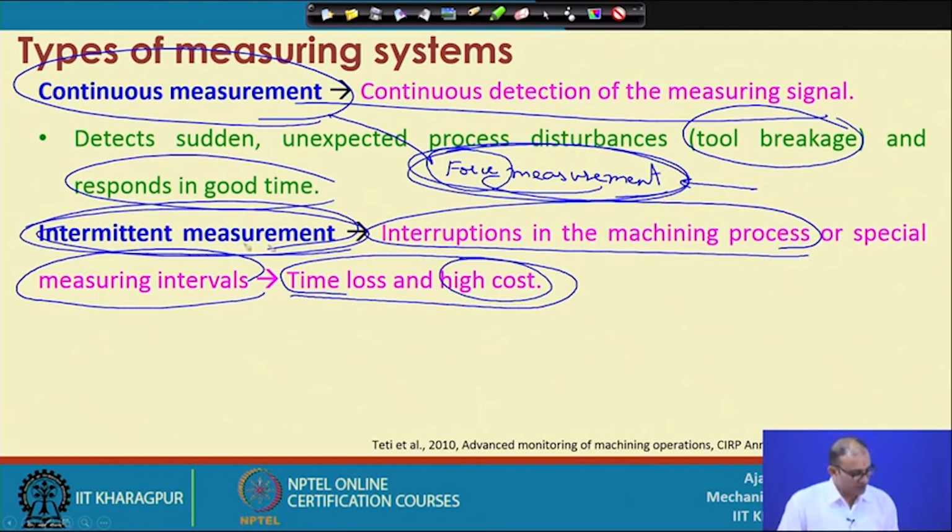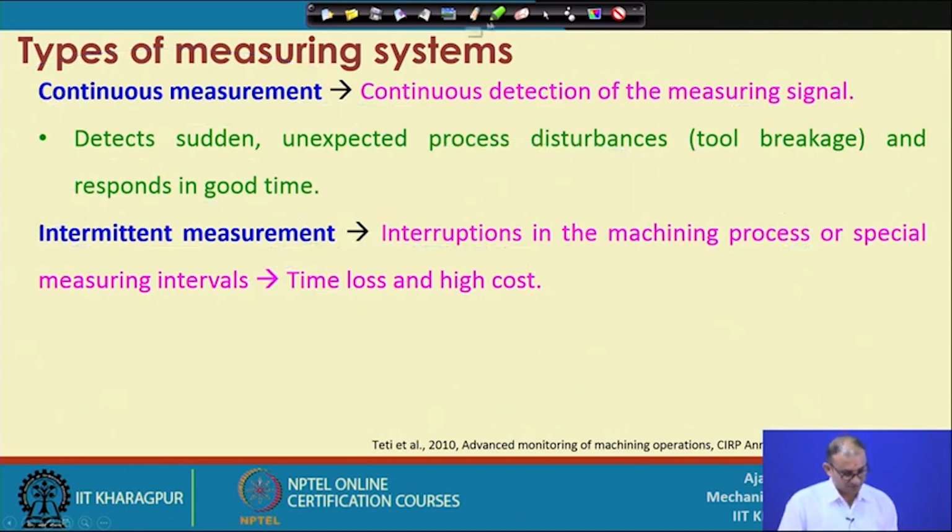But with intermittent measurement, the advantage is that you are measuring the actual quantity, though you have to stop the machine and then do the measurement. This is more reliable, and it will tell you the exact position. Still, people use the continuous measurement because there are advantages associated with it that are not possible here, as you end up with time loss and high cost, which play a very important role in the final production.